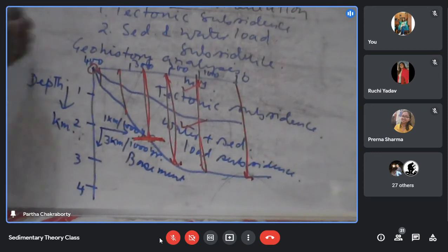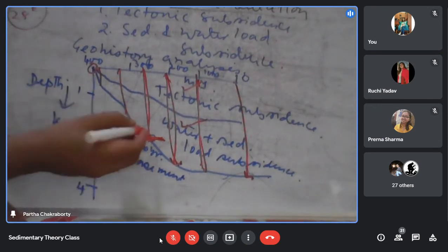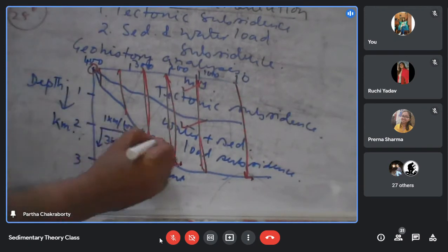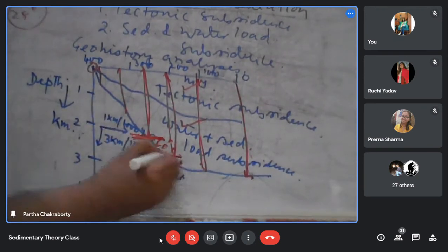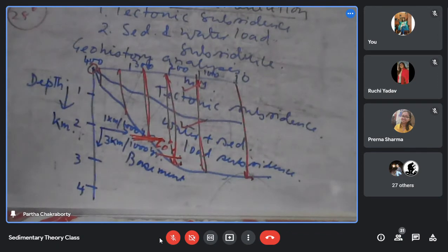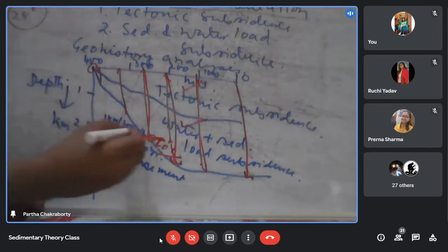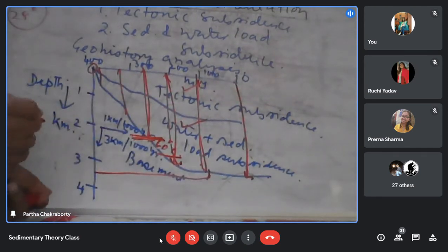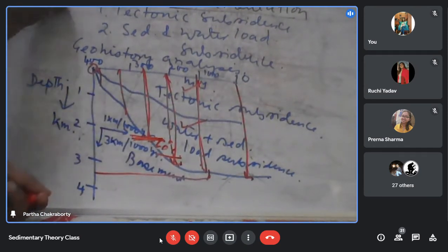The average geothermal gradient is 28 degrees. So if I reach about 2 kilometer depth, I reach about 60 degree temperature. And if I go to 3.5 kilometers here, I get about 110 degree temperature.